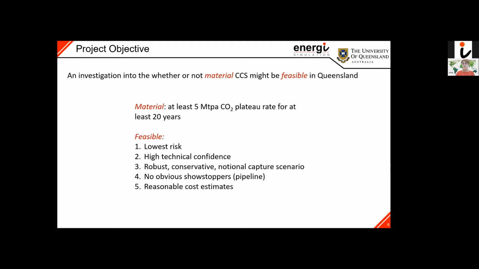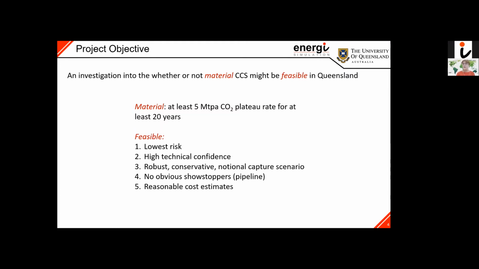By feasible, we mean that the results should be lowest containment risk, that all non-technical risks would be known and minimized, and that there is a clear work plan to address those before any deployment. High technical confidence is that the injection rate can be sustained for a long time and that CO2 would be contained indefinitely.